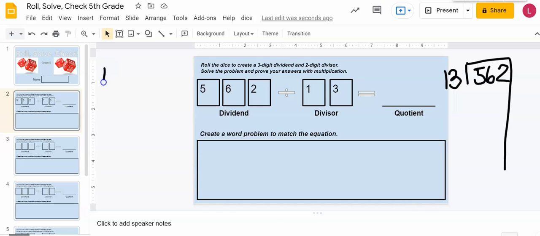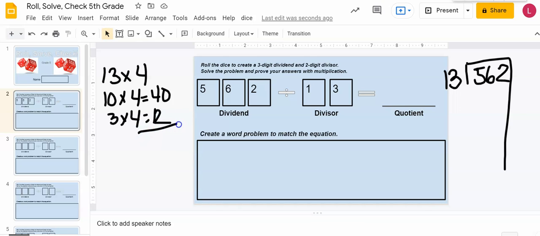I wonder what 4 times would be. If I do 13 times 4, I know 10 times 4 is 40, and 3 times 4 is 12, and together that is 52. Would that work?